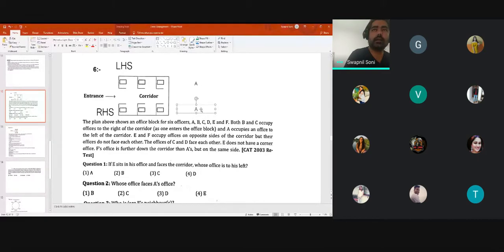And we can have either E or F over here. Effectively, F or E over here. We don't know where exactly they are, but we know that they do not face each other.